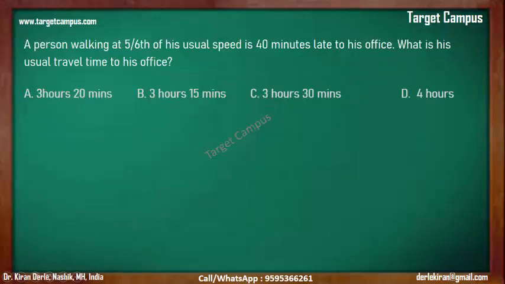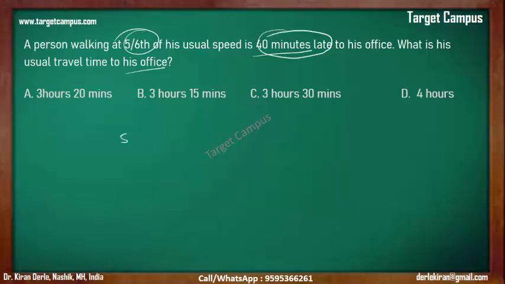Let's see the next one. A person walking at 5/6 of his usual speed is 40 minutes late to his office. What is the usual travel time to reach his office? In these kinds of questions, always have this trick in mind. Whether it is 40 minutes late or 40 minutes early, we don't care, right?